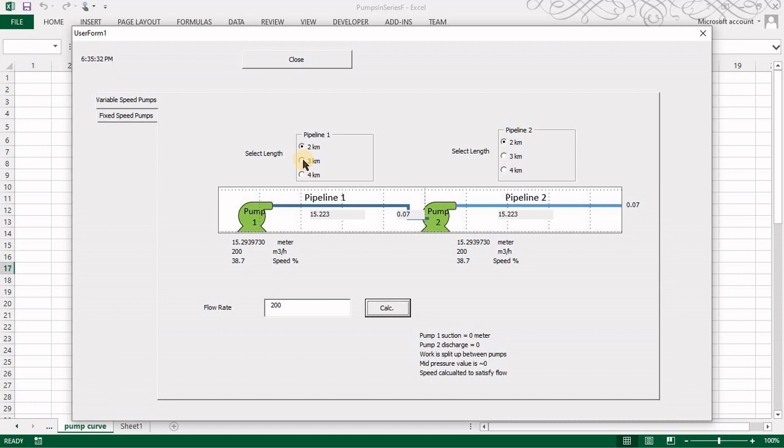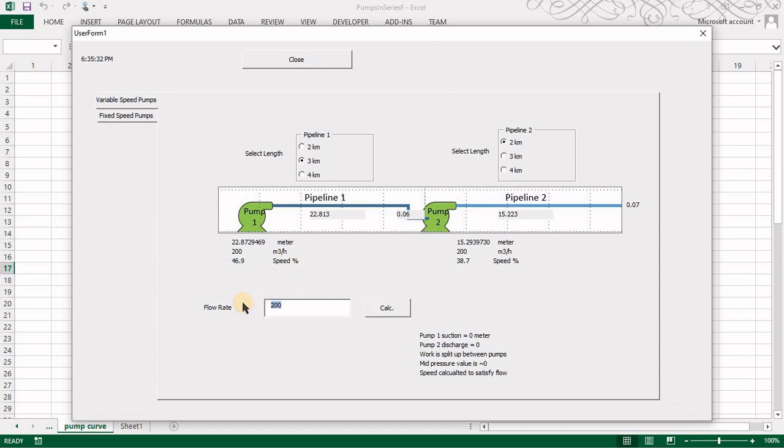Now let's put a 3 kilometer distance between 1 and 2 and do the same calculation. To run, the first pump is at almost 47% speed, and the second one is at 38.7% speed. That's again the same flow rate.